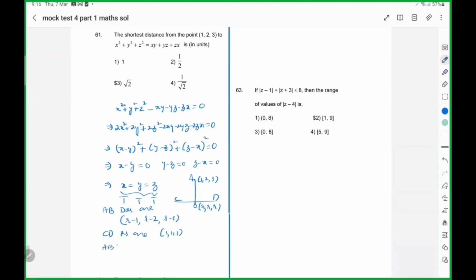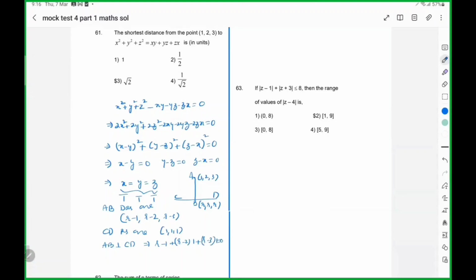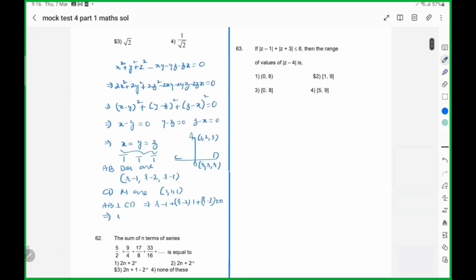AB and CD are perpendicular, so the dot product is 0. R minus 2 into 1, R minus 3 into 1. From here we can write 3R as 6, R as 2, which implies B coordinates are 2, 2, 2.